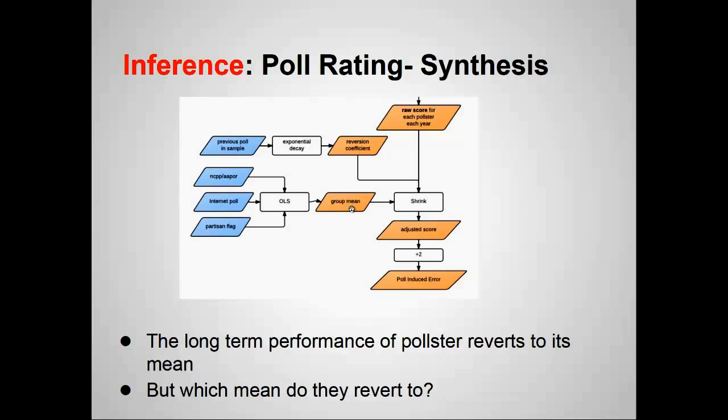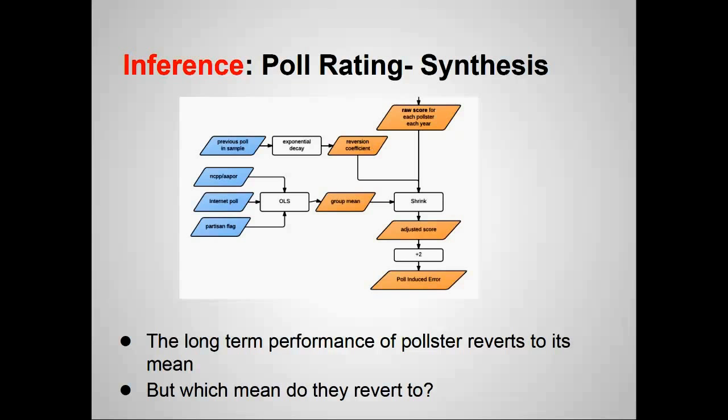So the next question is how much do you want to shrink to that mean? Basically he takes a shortcut by doing exponential decay. The intuition here is just that the more polls you have in the sample, the more you will be reverted to the mean, because I have a long-run estimation, a better estimation of what your performance should be.